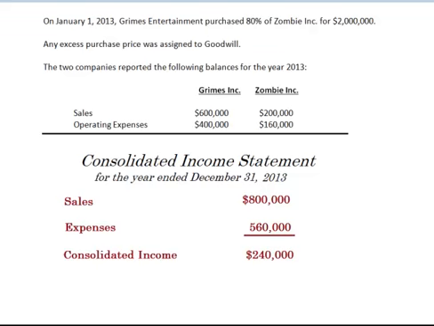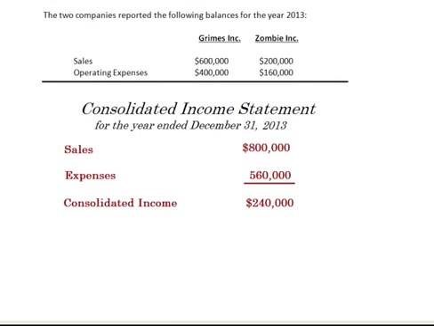Now again, that 240 does not all belong to the shareholders of Grimes. So we need to remove the part. In the next line, we're going to remove the part that belongs to the non-controlling shareholders of Zombie Inc. Now this is the most common place for students to make a mistake, is they will automatically take the 240, multiply it by 20%, and say that's the part that belongs to the shareholders of Zombie. But that's wrong.